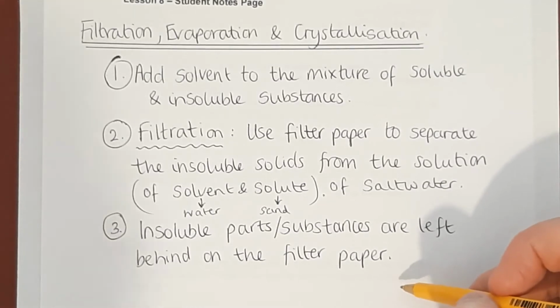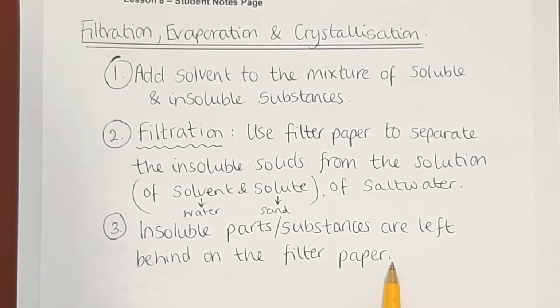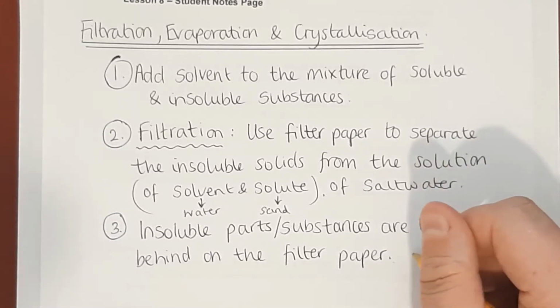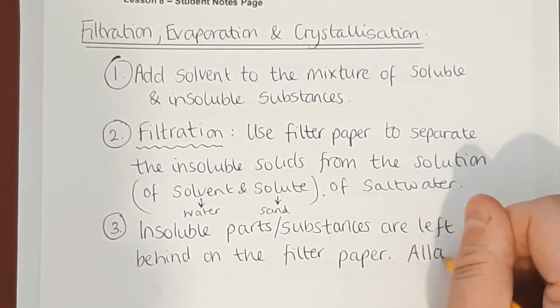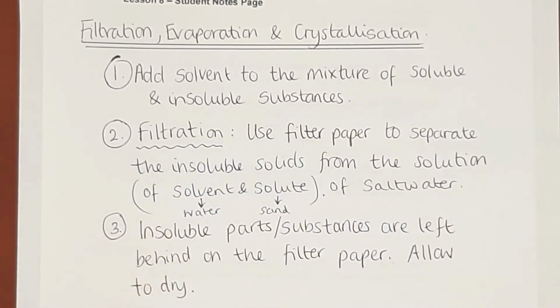We've separated our insoluble substances, which are left behind on the filter paper, and you can dry those to have it separate completely from water. So we'll say allow to dry. Okay, so we've got dry insoluble substance, in this case the sand and rock, left behind on the filter paper.